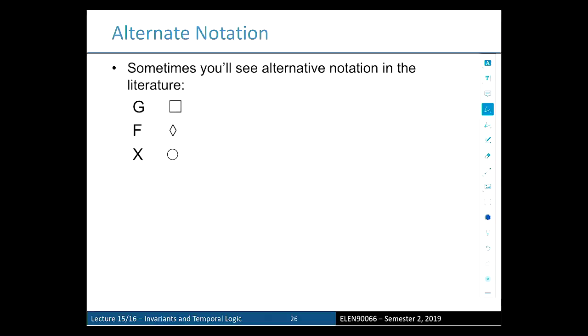These operators G, F, X, until, which I think is always used as U, is another set of symbols used for them. So we can use square for globally, diamond for eventually, and circle for X. So if you really want to write completely the things that people think that you are the smartest person ever, use these.